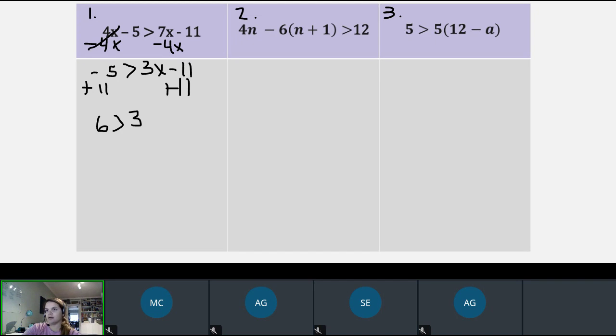So I have positive 6 is greater than 3 times x. So what would my next step be? Exactly. I'm going to divide by 3. Good. So then what would my final answer be?